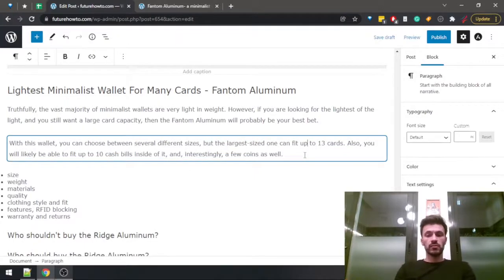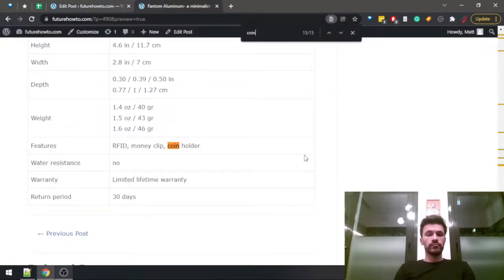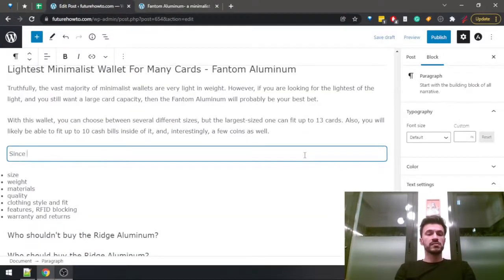Size. Since we started talking about the largest Phantom Aluminum, let me just check here.